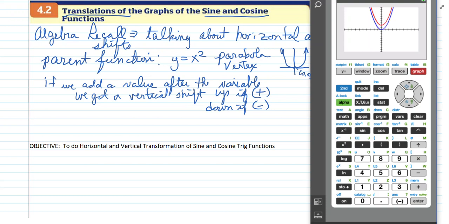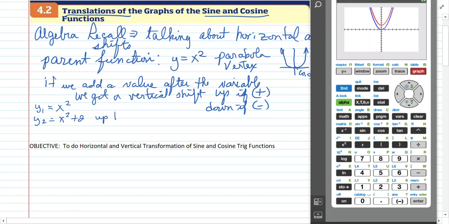So in y1 we did x squared. On y2 we had x squared plus 2, and it moved up 2. So we're talking about a vertical shift, because it's away from the variable. Now let's do y3, and we're going to do x squared minus 2.